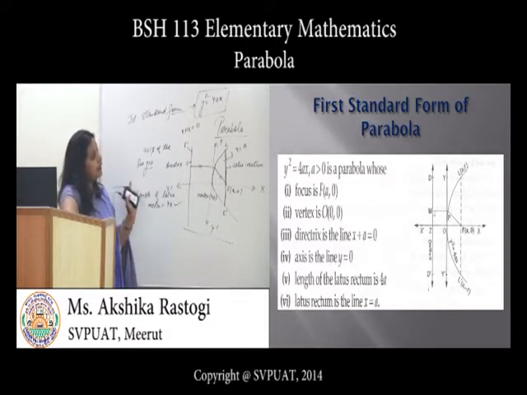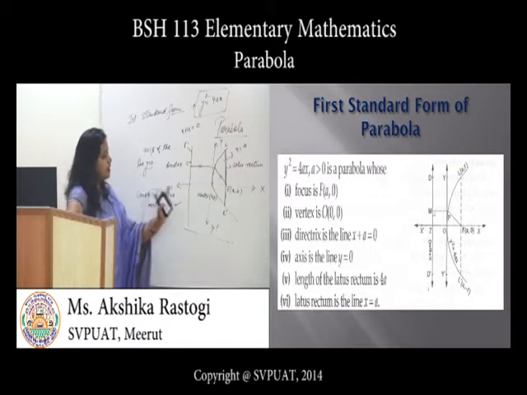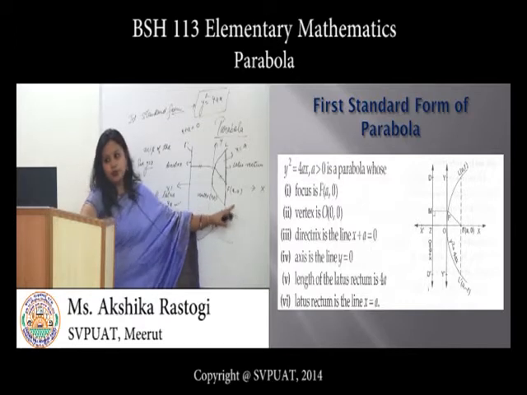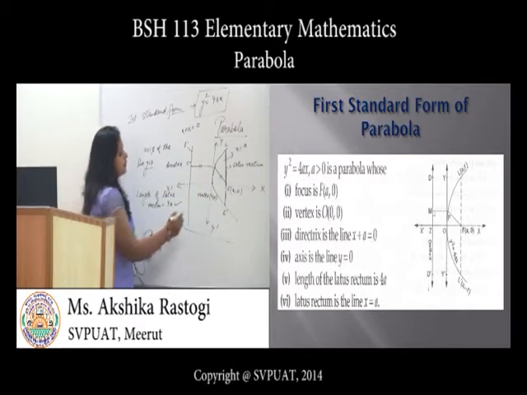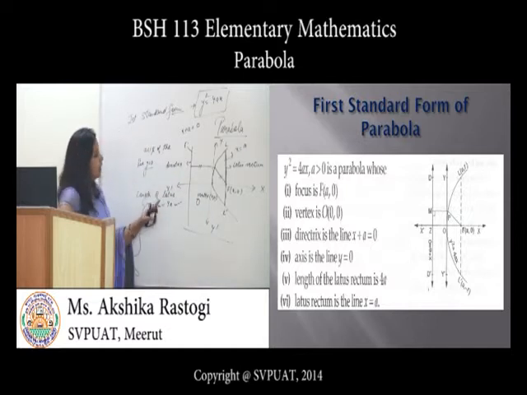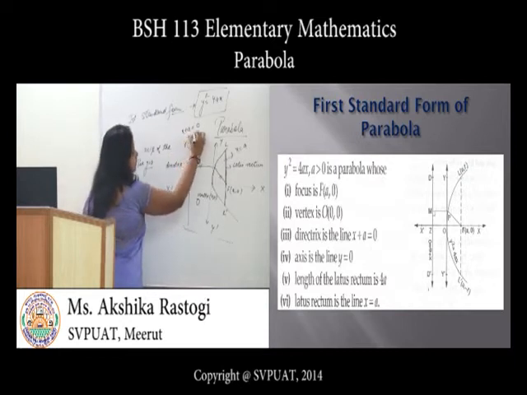So for the right-handed parabola, we calculate certain things. The focus is F(a, 0), the vertex, which we represent as O, is (0, 0), the directrix of the line is x plus a equals to 0, that means x equals to minus a.